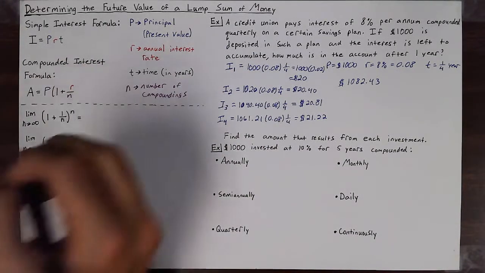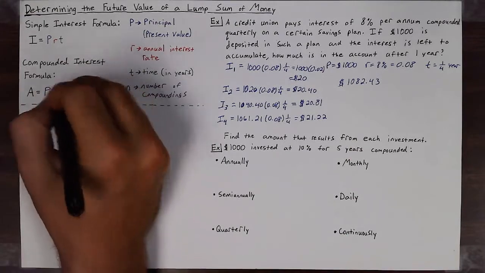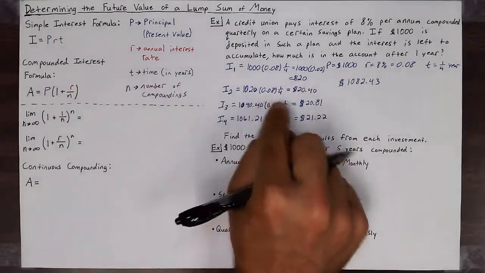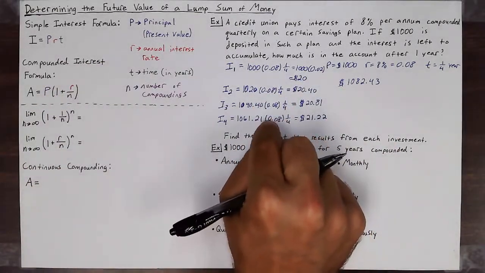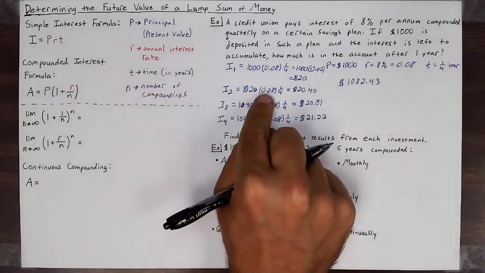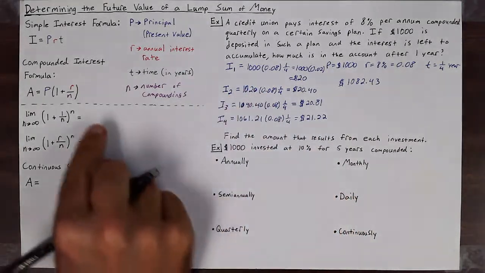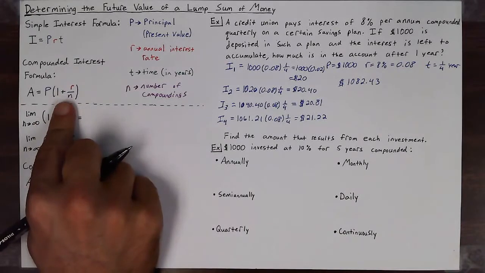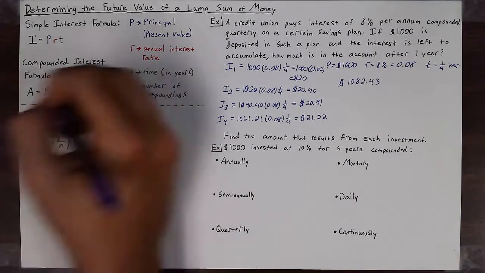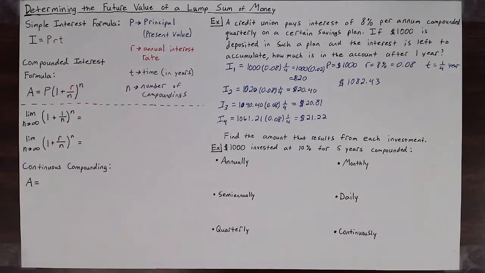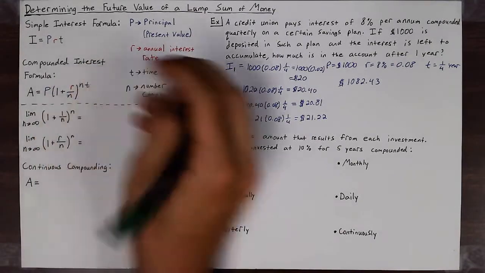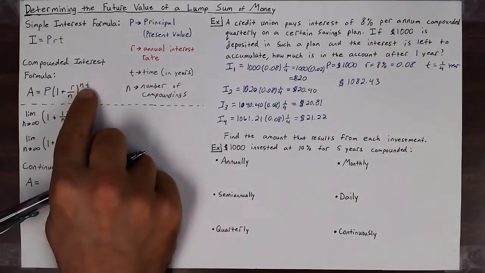And then how many times should you multiply by this number, which was 0.02, but we're doing 1.02, just so it preserves the original principal amount. How many times should you do this? Well, it'll be the number of compoundings times the number of years passed. So if you did it quarterly, it'd be 4 times every year.